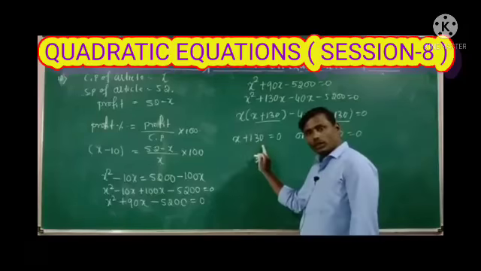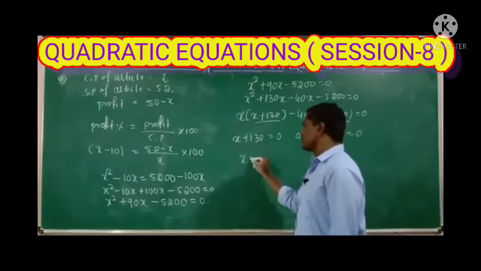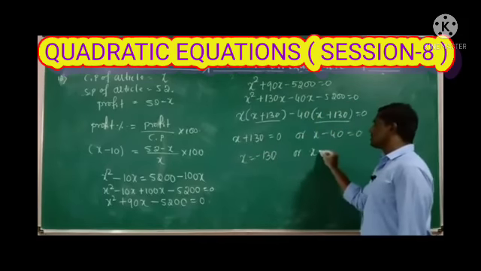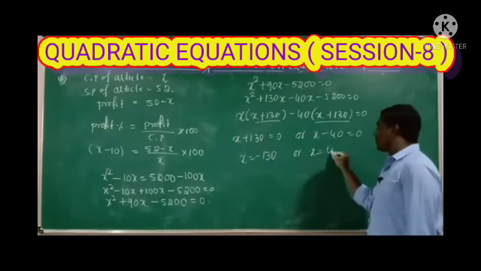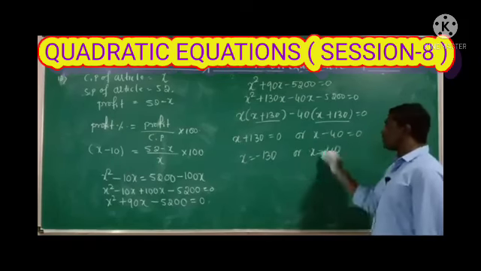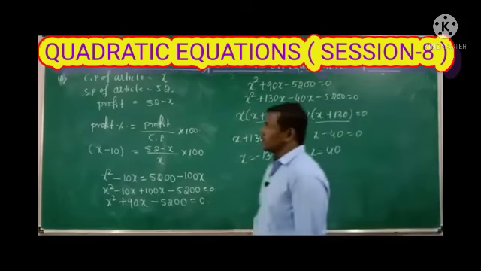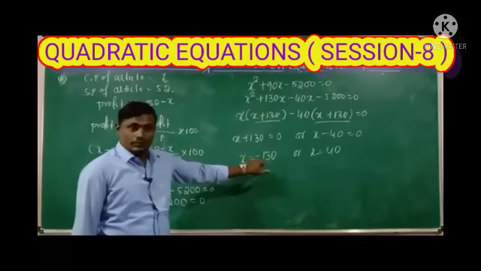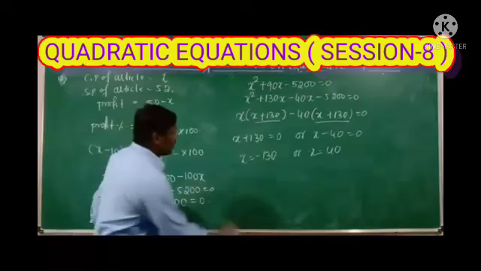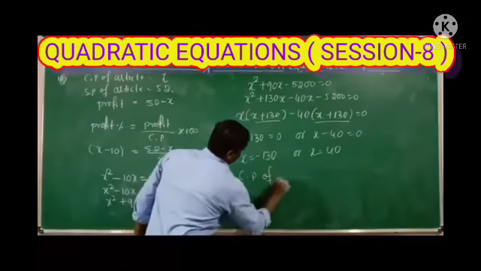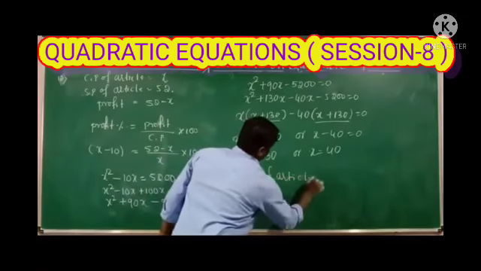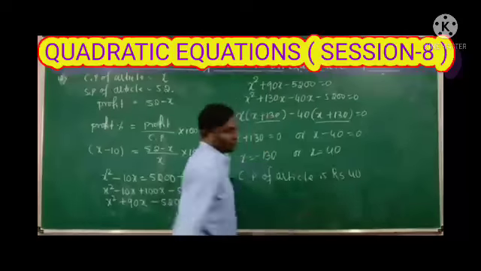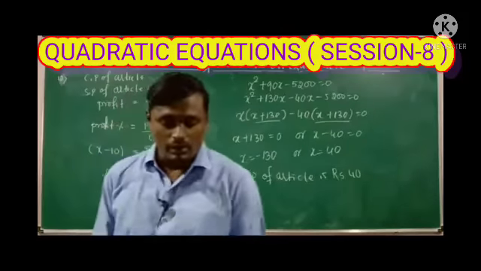If X plus 130 is equal to 0, then X is equal to minus 130, or if X minus 40 is equal to 0, then X is equal to 40. The cost price of the article will never be negative. Therefore the cost price of the article is rupees 40.